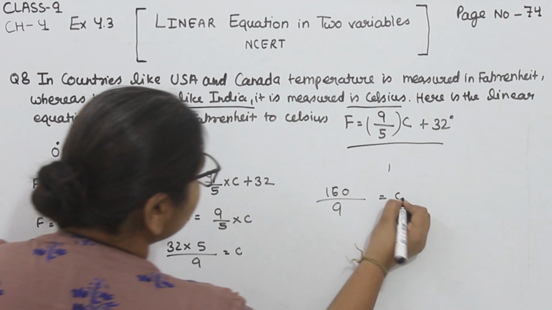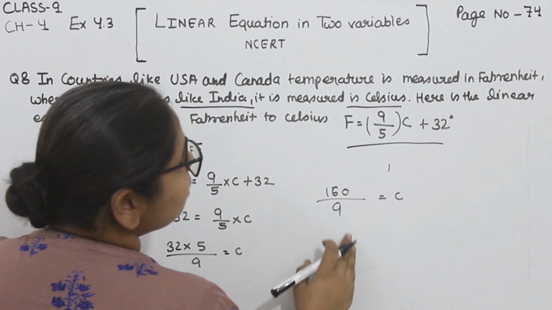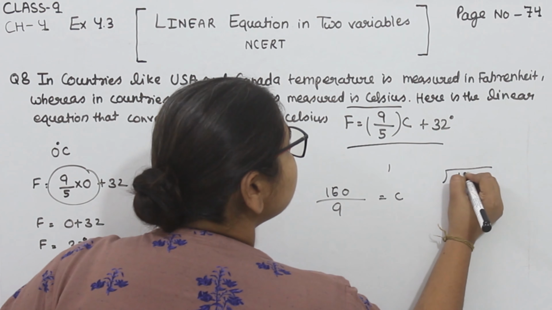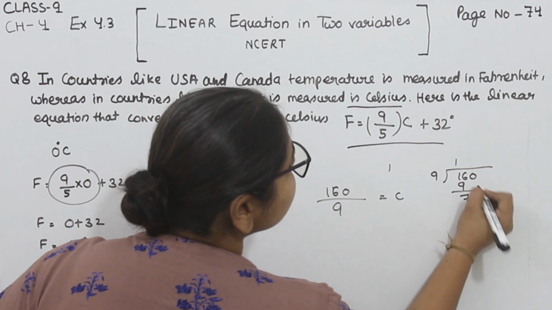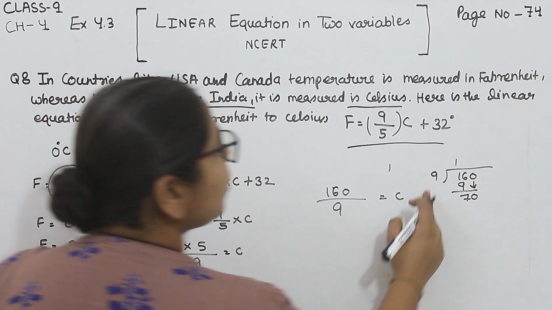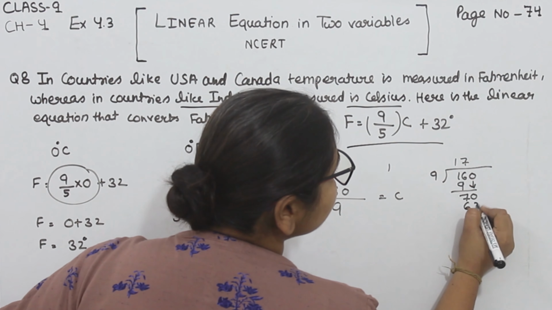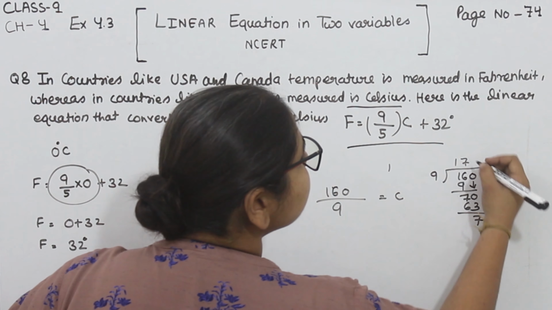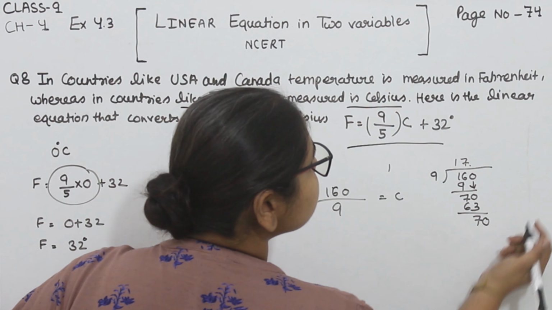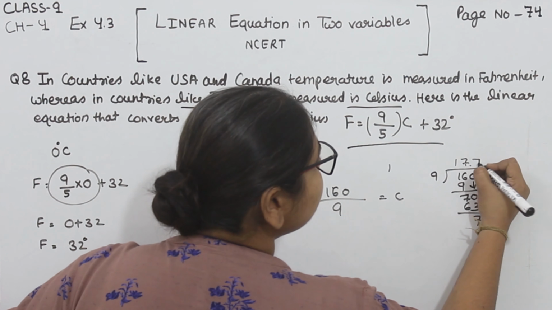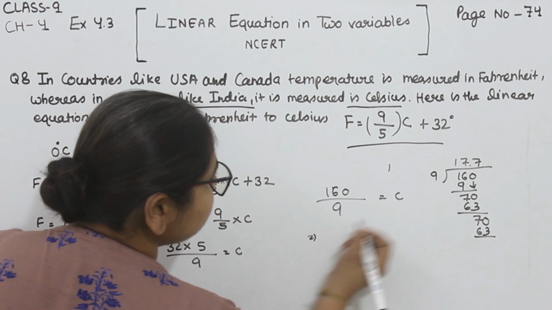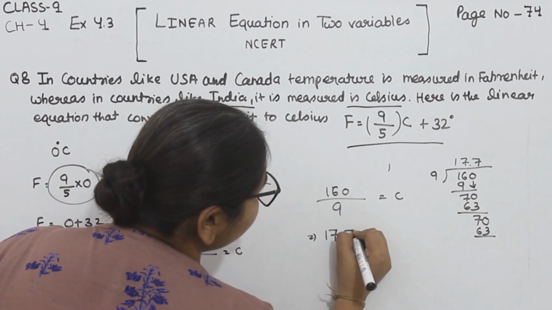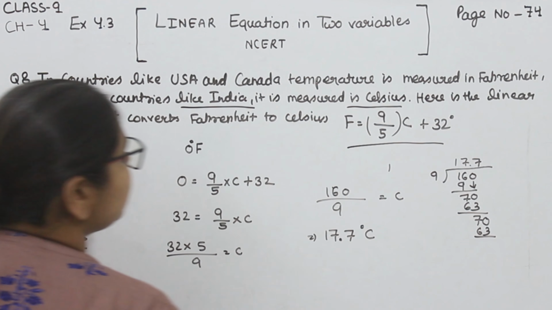Divide by 9 is equal to C. Now we will divide it. 160 divided by 9. 9 1s are 9, remainder 7. Now 9 7s are 63, remainder 7. Now for the 0, we will put a decimal here. Again 9 7s are 63 and it will go on. So it is 17.7 degrees Celsius.